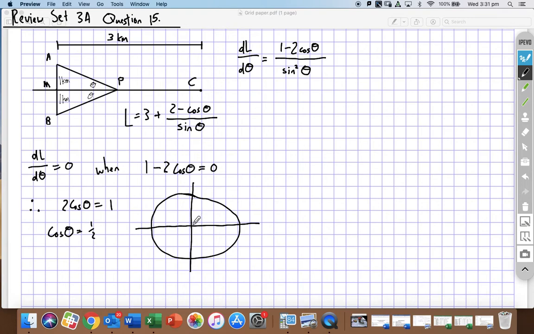Have you memorized this yet? So there's your angle there. Pi on 3, right? The coordinates on the unit circle, half, and root 3 on 2 for the sine value, but we're just interested in the cos value there. So it's when theta equals pi on 3. Okay.